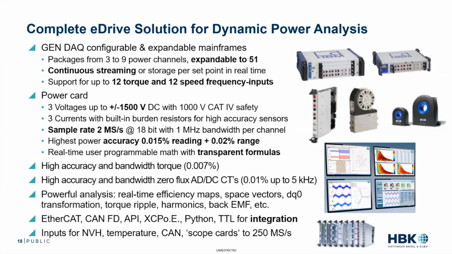So just about every signal you can imagine can be recorded in sync with your voltage, your current, your torque, and your speed signals, and recorded to the hard drive in real time. Real convenient, because then you can always go back and do more detailed analysis and compare data that you've maybe recorded last week, the year before, with data that you've recorded today.